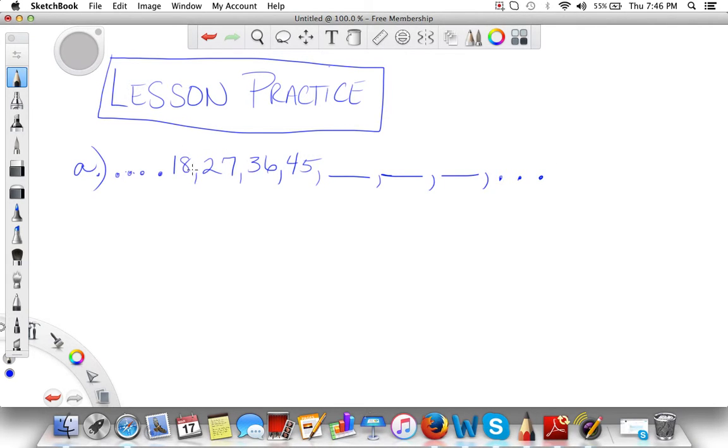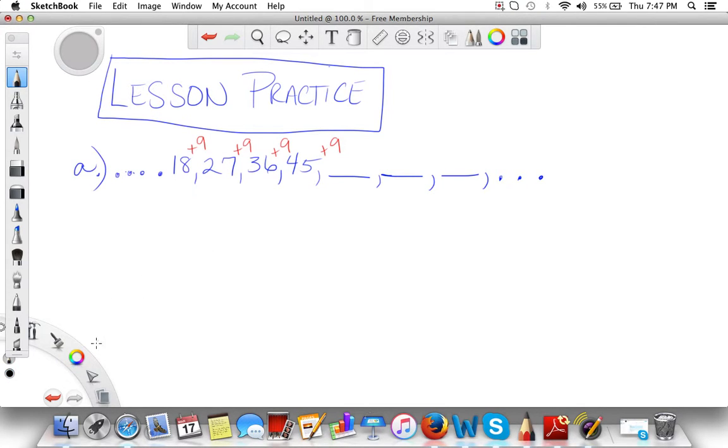So from 18 to 27, looks like I'm going to add 9. And that'll give me 27. If I go from 27 to 36, I add 9. 36 plus 9 gives me 45. So if I add 9 to that, that would give me our next three numbers, which we're going to put in black.